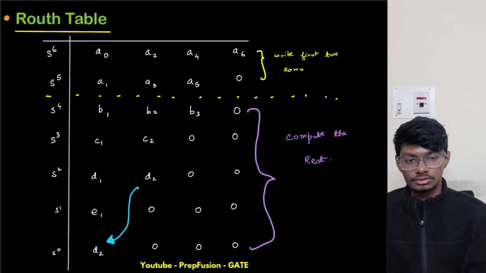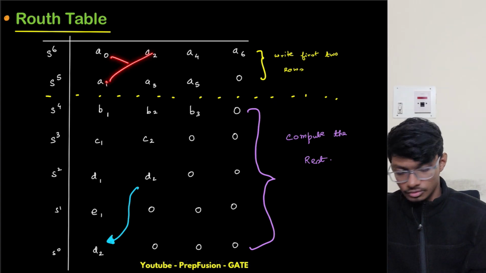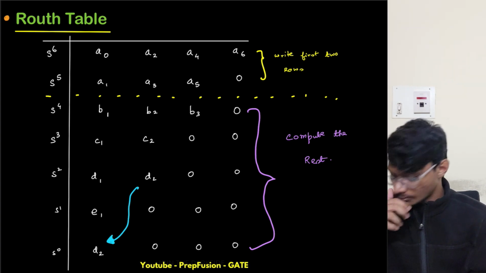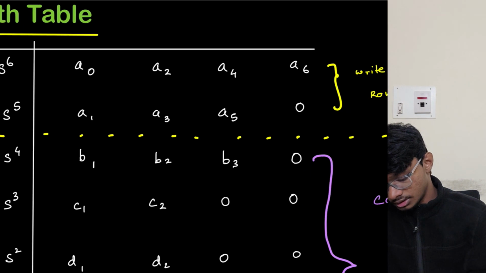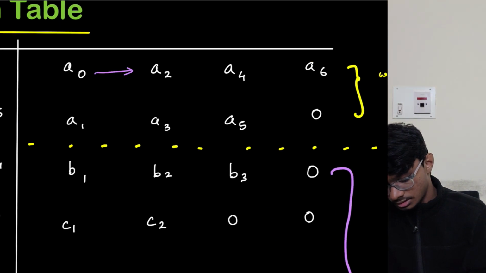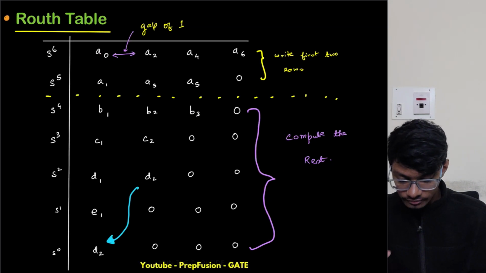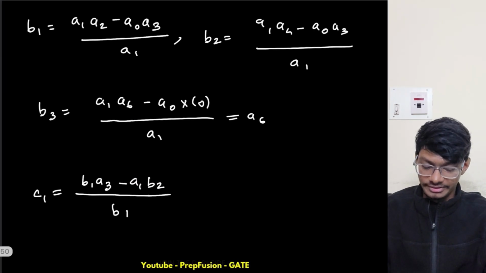Okay, so this is basically what we do. And diagonal multiplication, I hope you got right, and then we divide by this term, whatever is just above it. Basically the first column. So this also you have to understand that there will be a gap of 1. So all these things you have to take care for a Routh table. So this is just a Routh table. Don't worry if you don't understand, because we'll solve so many questions, this will get into your head. This is not that big of a deal to understand, right?